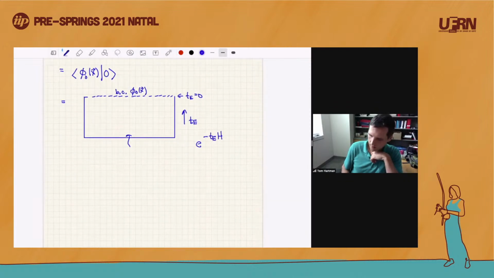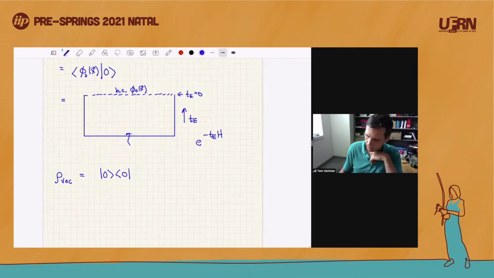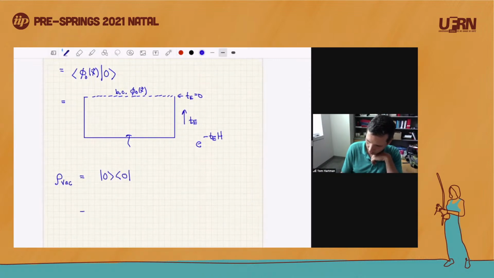and so when we think about the density matrix for the vacuum, which is just |0><0|, I like to think about that as a path integral that looks like this.